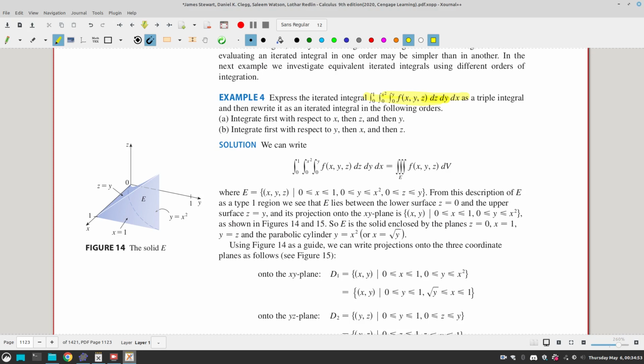And y goes from 0 to x squared, right? So from the surface y equals 0 to the surface y equals x squared, and z goes from z equals 0 to z equals y, the plane z equals y.